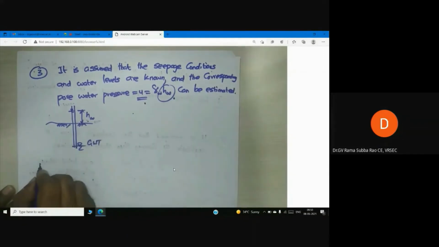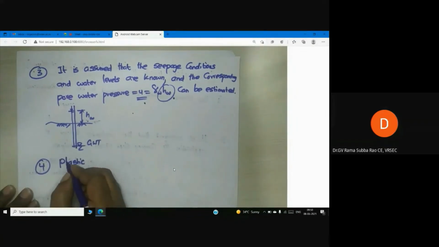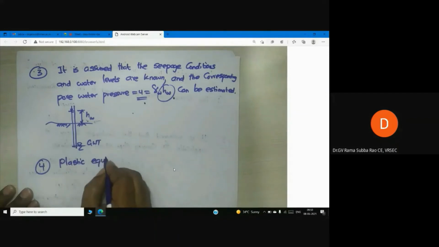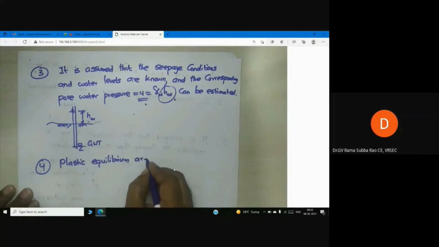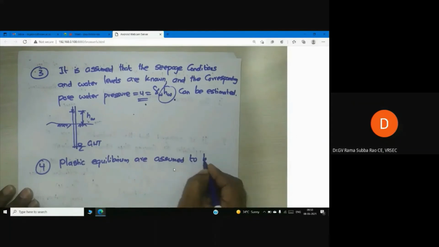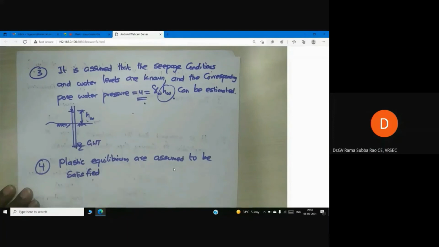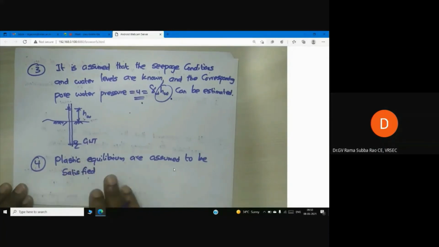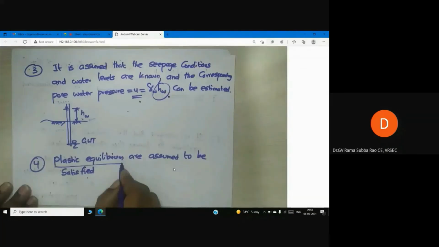Now the fourth one, plastic equilibrium. Plastic equilibrium is assumed to be satisfied. We believe that every particle is at the verge of failure, that we call plastic equilibrium.